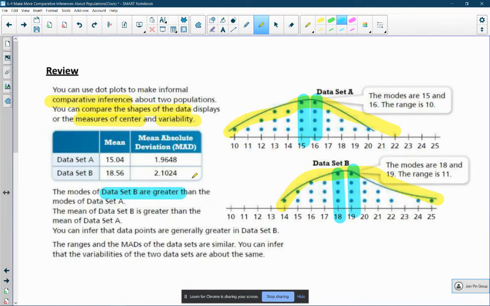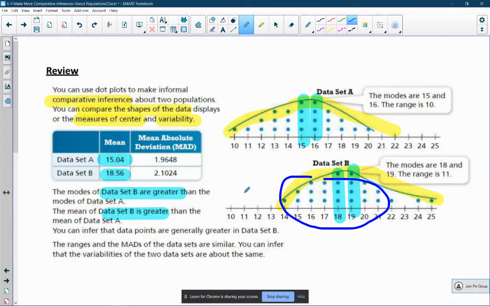We look at the means, the average of both. Mean for A is here. Mean for B is there. 18 is better than 15, so B is greater. We're just comparing. Now if we look at the mean absolute deviation, that tells us about how spread out the data is. Look at how tight all of this is in here. However, what could throw something like this off?